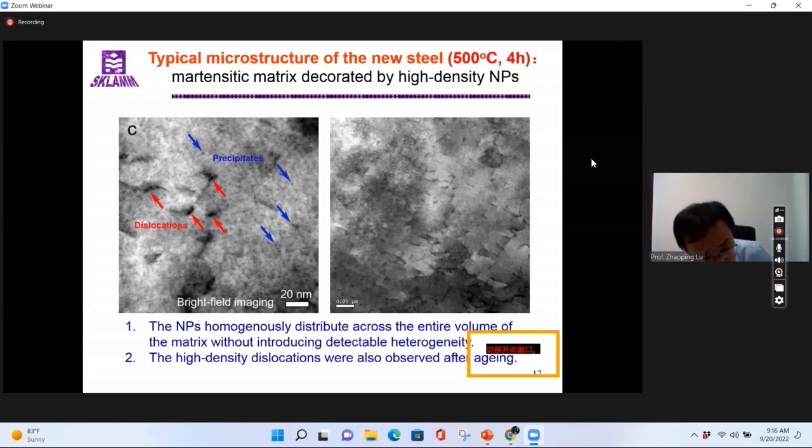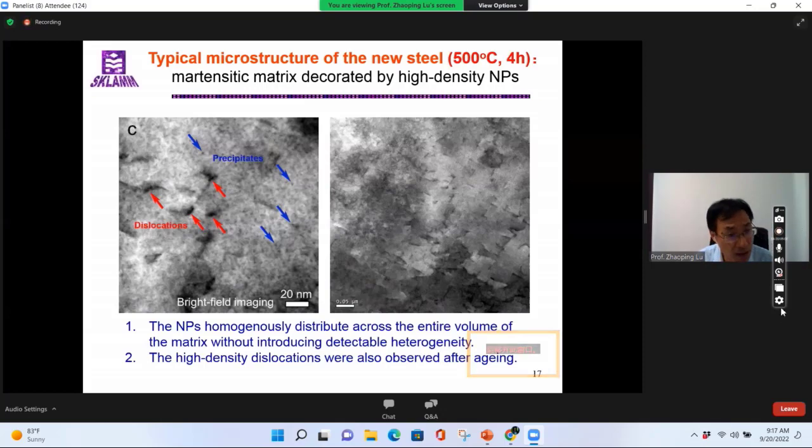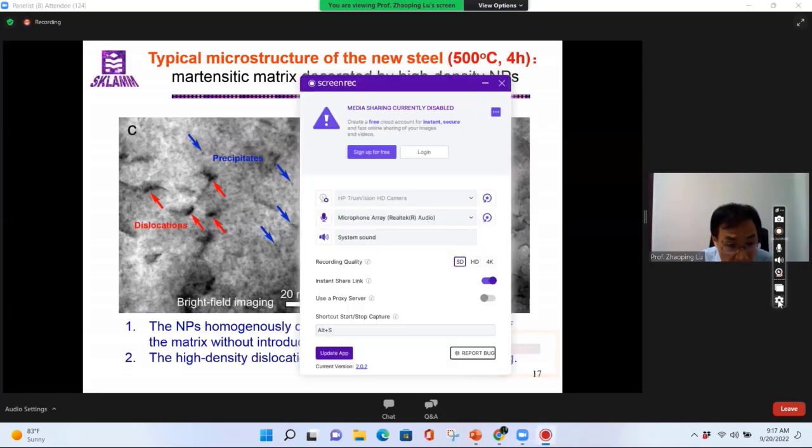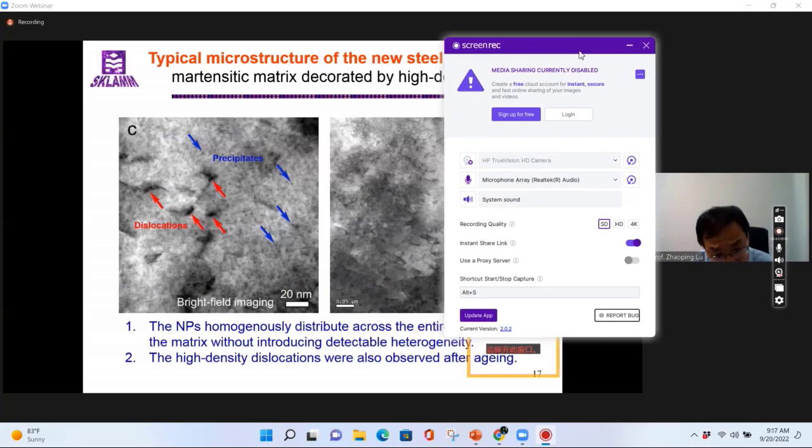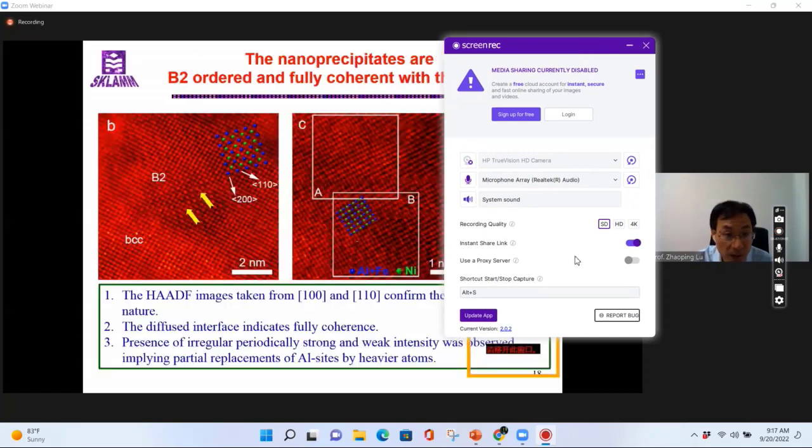Another thing I want to emphasize here is that you see a lot of the transformation dislocations retained in the matrix, as indicated by the red arrows. So that means these dislocations did not fully recover as usual.